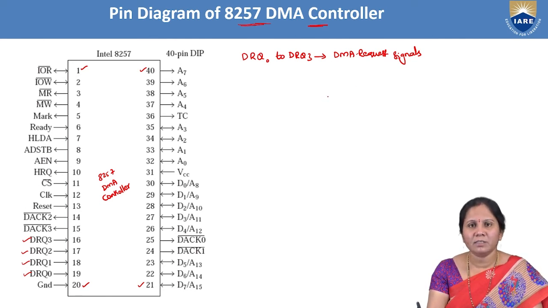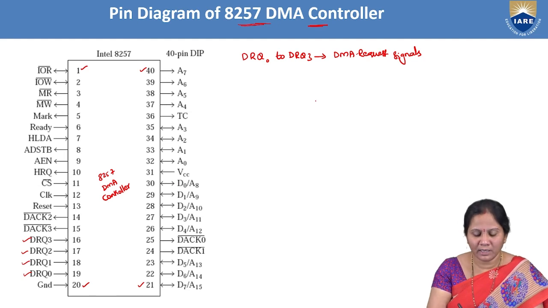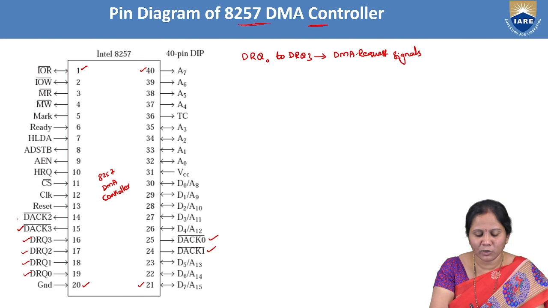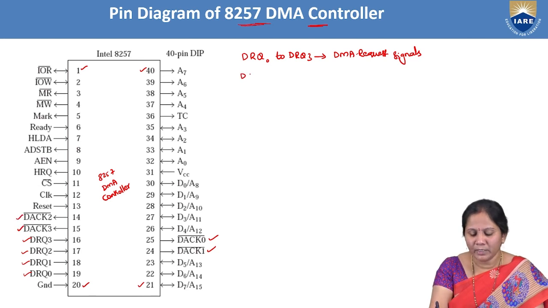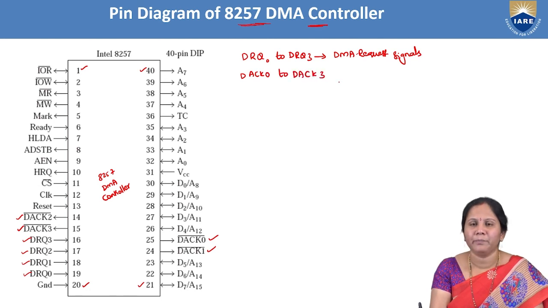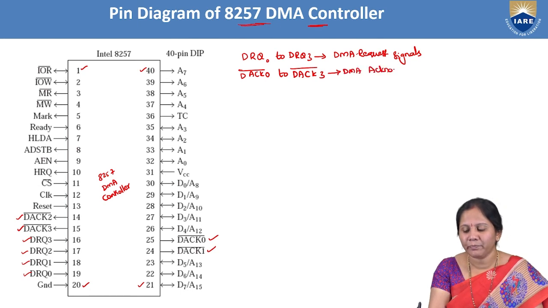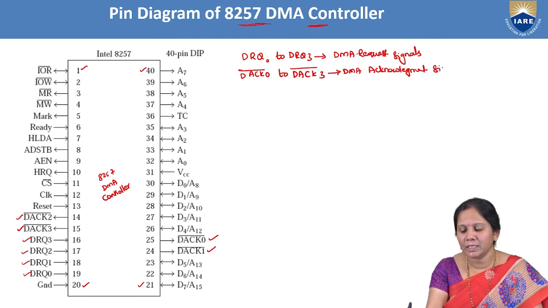Since these are handshaking signals, in the same way we will have 4 DMA acknowledgement signals also, that is from DACK0 to DACK3. On the top we will have a bar here because they are active low signals. So these are called DMA acknowledgement signals.